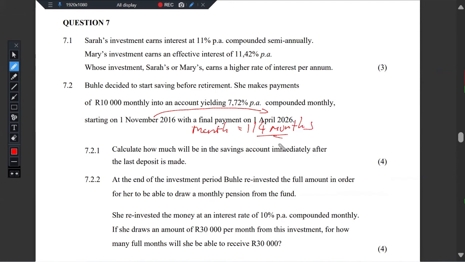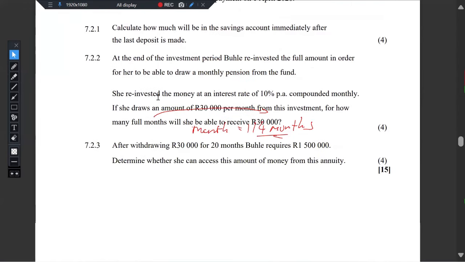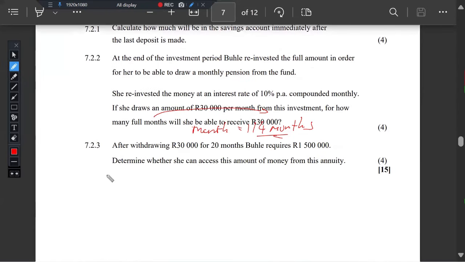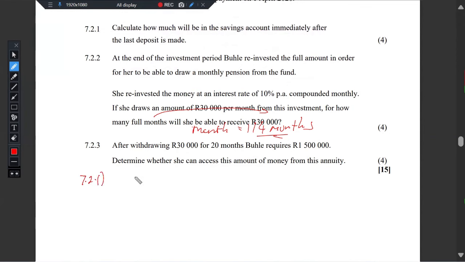Now, we are calculating the amount that will be in the savings account, meaning that's a future value, because this money is being saved up, right?